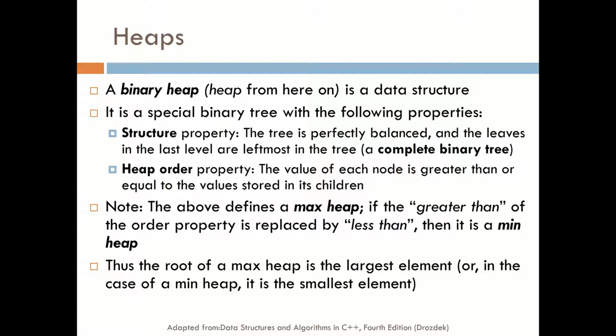But if we were to change that greater than to a less than, it would be considered a min heap. So therefore, if we take the above properties into account, the root of a max heap contains the largest element that's in the heap. And similarly, if we're looking at min heaps, the root is the smallest element.